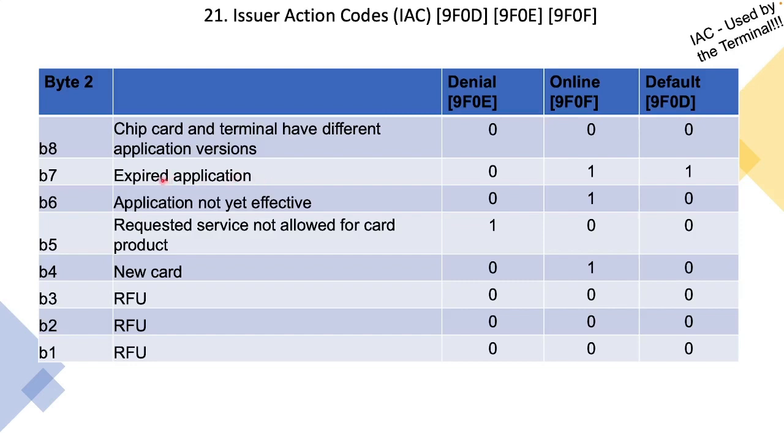Rather, it's run by this issue action code line item here. Okay. And so what the terminal will do is it'll just say transaction date compared to expiry date, and if it's greater than expiry date, it means that the application expired.